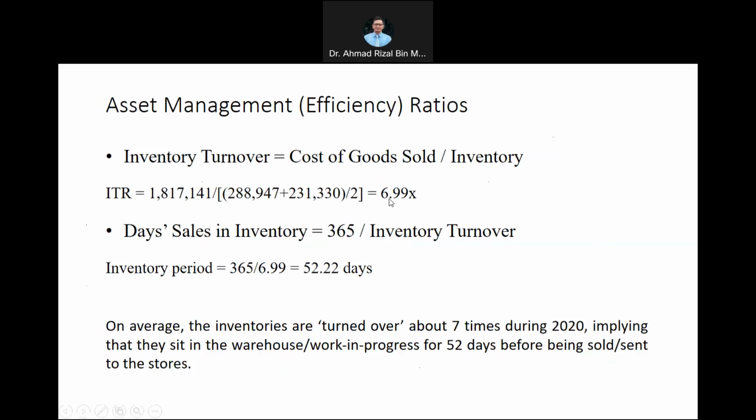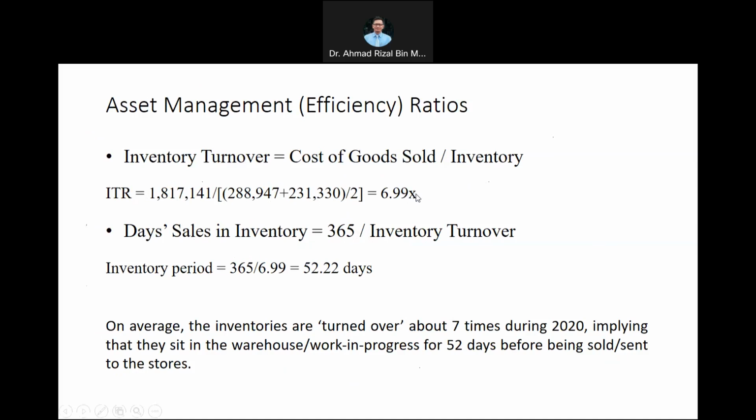This shows that inventories are turned over about 7 times. So on average, you make an order for inventory 7 times during the year. What does this imply? If you divide 365 by this, you will get what we call the days sales in inventory.